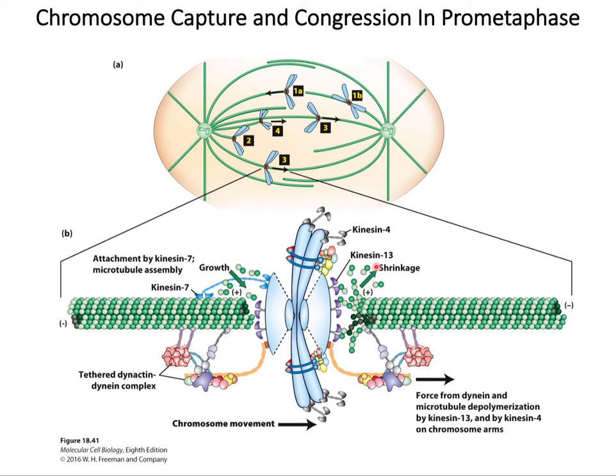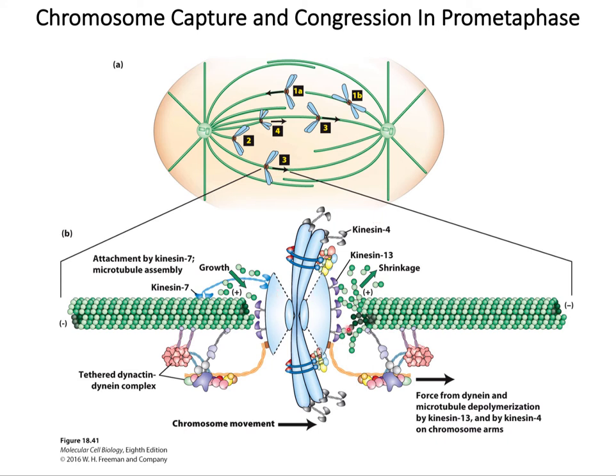Also remember that the dynactin-dynein motor complex moves the chromosome towards the spindle pole. You can also recap that the dynein-dynactin motor moves towards the minus end of the microtubule. On the other hand, on the lengthening side of the kinetochore microtubule, kinesin 7 holds onto the growing microtubule. Note that the chromosome arms are still pointing away from the spindle poles owing to the associated kinesin 4, which is also known as the chromokinesin.